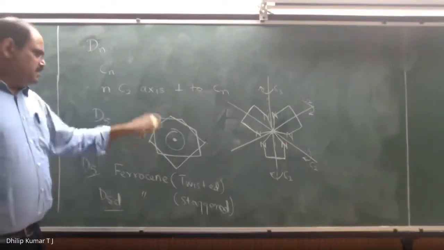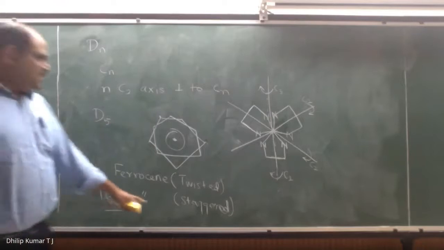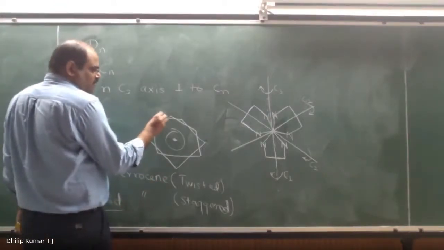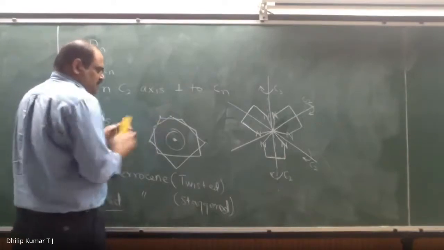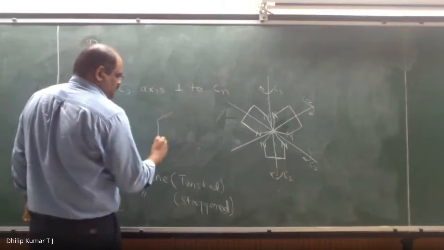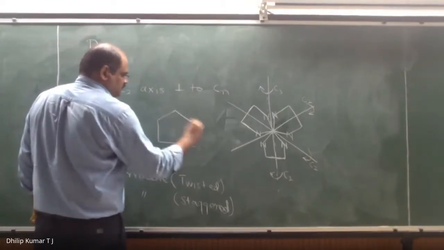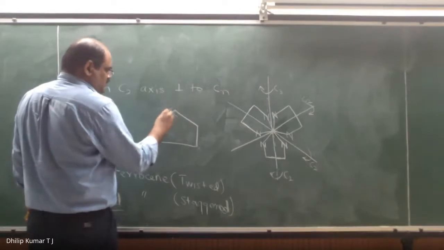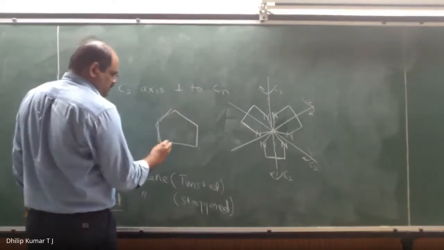Okay, so that is staggered. Twisted means it's not exactly at the right angle. It may be close to this. We are not drawing exactly. So say it starts from here, it goes here, and then goes here.